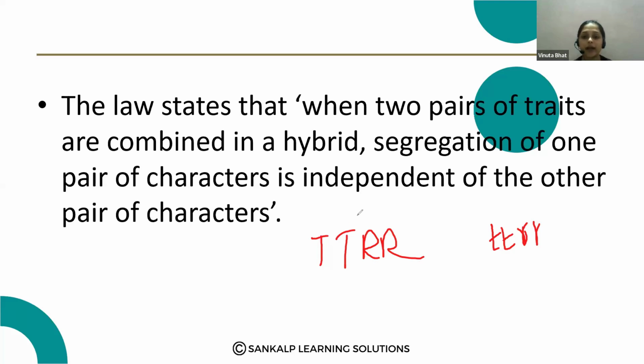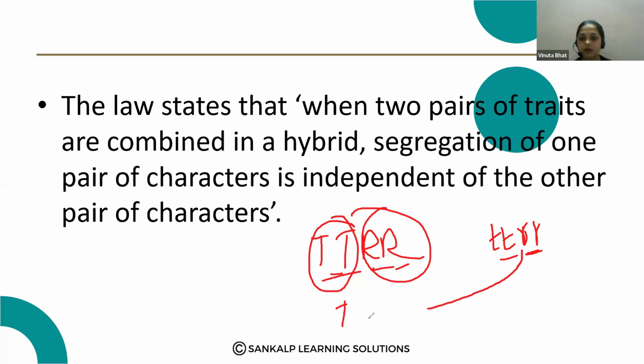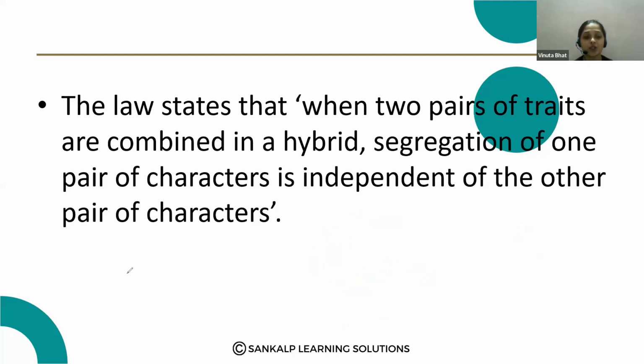When this pair of characters is taken for hybridization, they segregate independently of each other, because this T can be combined with the other R. So the characters are independent of each other.